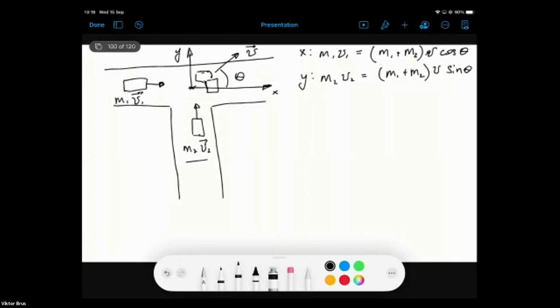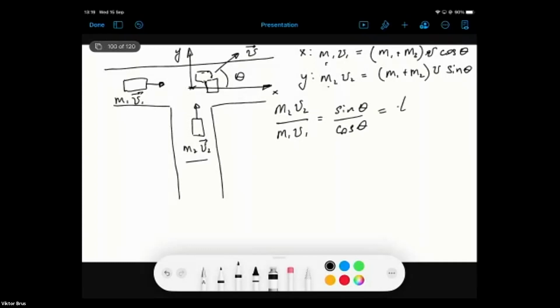So if we take a look at these equations, and let's say we divide the second by the first, it will be m2 v2 divided by m1 v1, then we will have here sine theta divided by cosine theta.